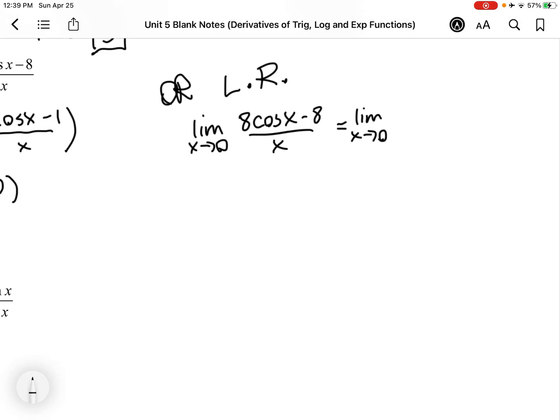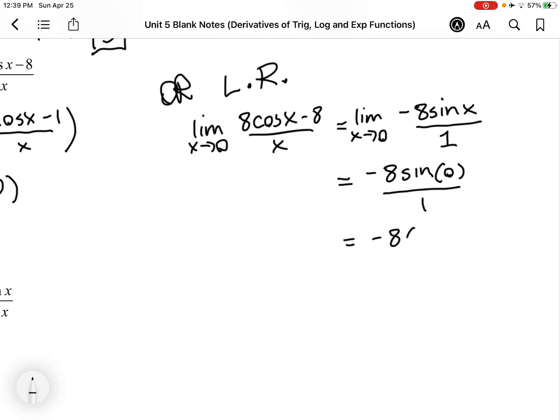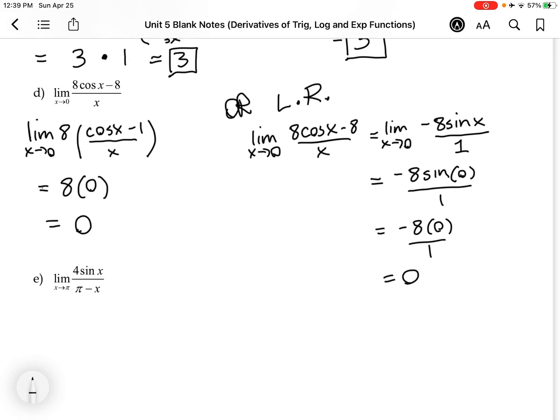So the derivative of 8 cosine x minus 8 is negative 8 sine x, and the derivative of x is 1. Now I can plug in a 0 for x. So that's negative 8 sine of 0 over 1, and the sine of 0 is 0. So this is negative 8 times 0 over 1, which is 0. Okay, so again, we get the same answer.